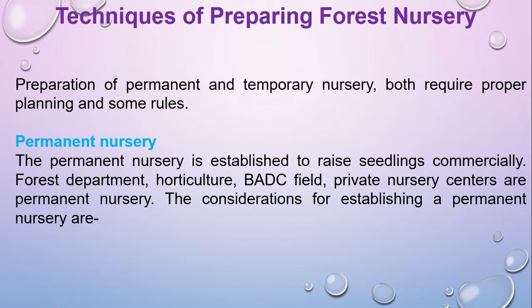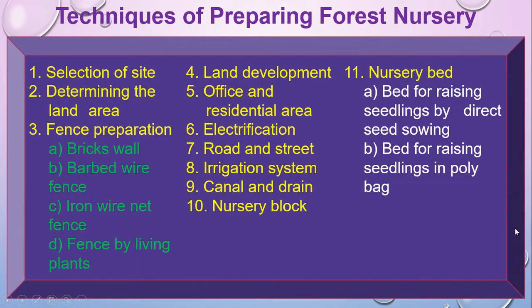Considering this establishment, we are discussing some topics which we follow or plan for a permanent nursery. The points are selection of site, determining the land area, then fence preparation. In the fence preparation, there will be brick walls, barbed wire fence, iron wire net fence, or fence by living plants.